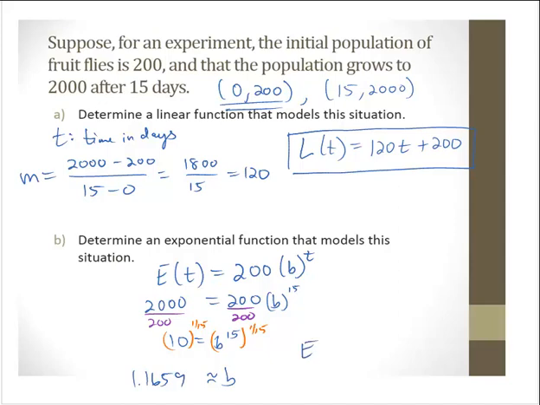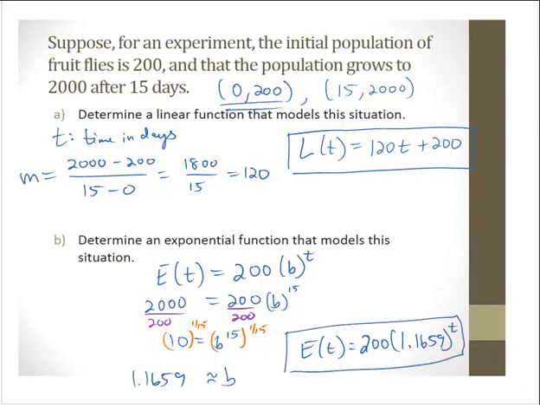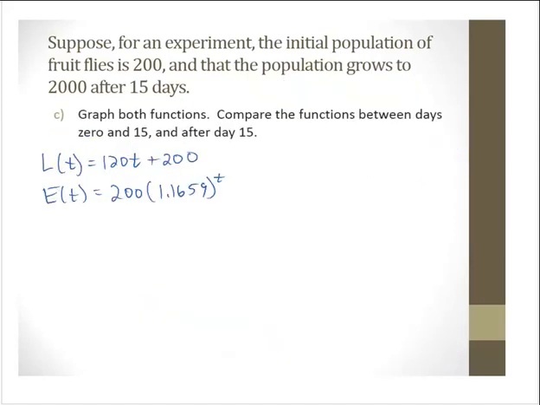So then E of t would be 200 times 1.1659 to the t. So there's a linear function and an exponential function that model this data. Now let's see how they compare. Let's graph both functions.